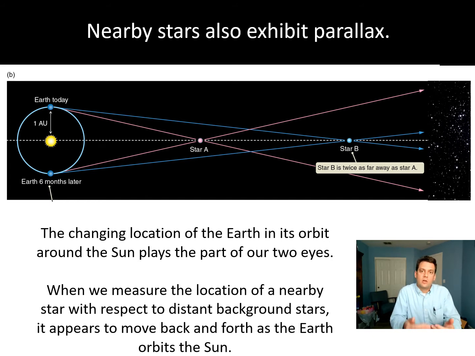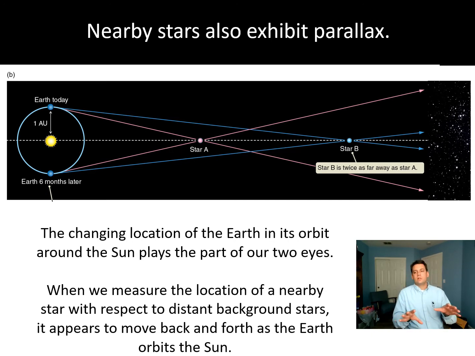So parallax is larger for nearby objects and smaller for far away objects. And the effect is proportional. In other words, the degree of parallax is inversely proportional to the distance. So doubling the distance cuts the parallax in half. Halving the distance doubles the parallax.